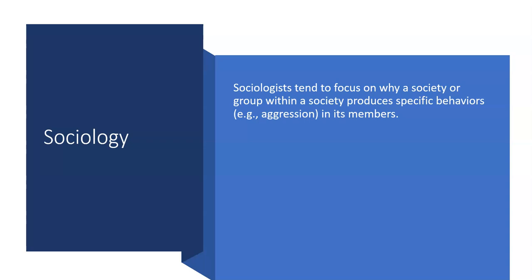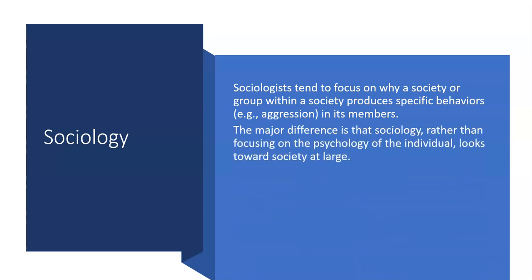Sociologists, in contrast, tend to focus on why an entire group of people within a society would engage in certain kinds of behaviors. For example, they may compare cultures at different points in time and try to explain how patterns of behavior, like, say, criminality, change.